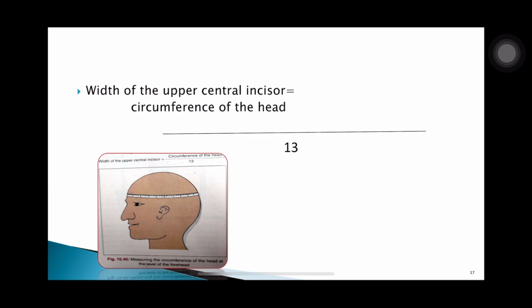And the average length of the maxillary incisor is equivalent to the length of the face divided by 20. The length of the face can be measured by taking two arbitrary points, one at the hairline and second at the lowest most prominent part of the chin.